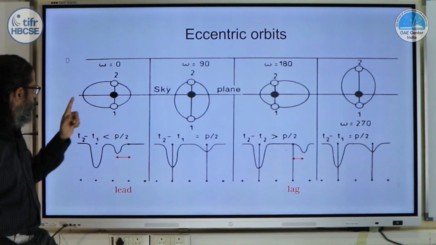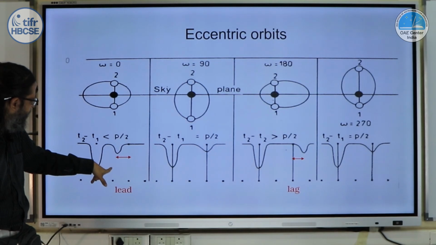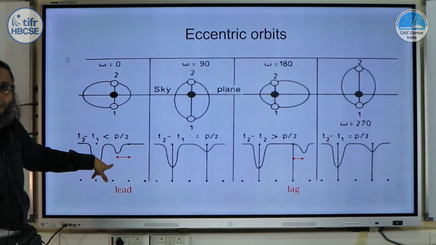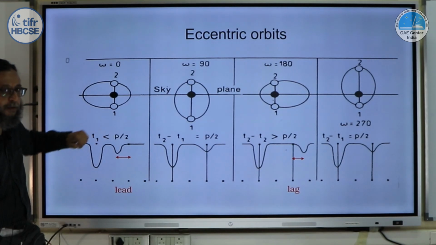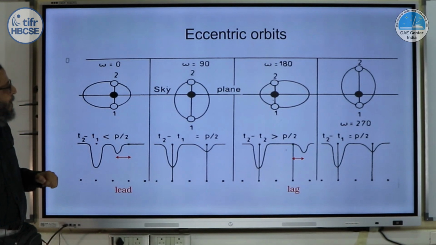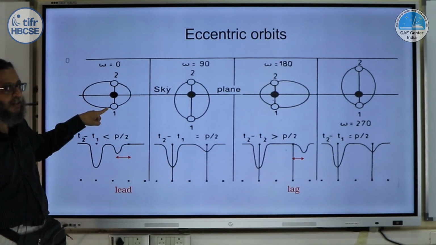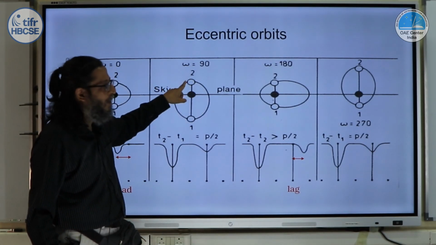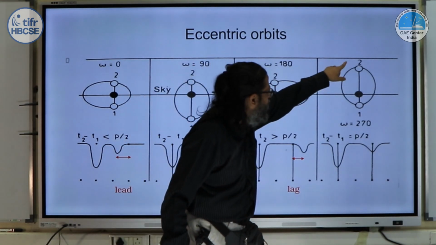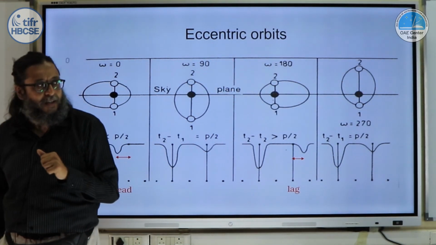But here, the difference between the two eclipses is less than P by 2. Why? Because this time taken is shorter than this time taken. Whereas here this time and this time are equal, and here also they are equal.